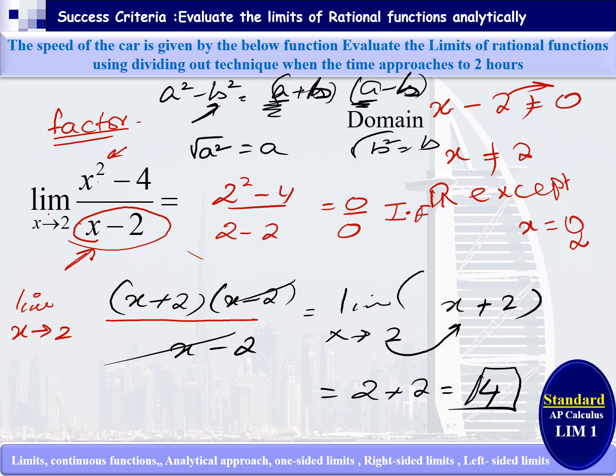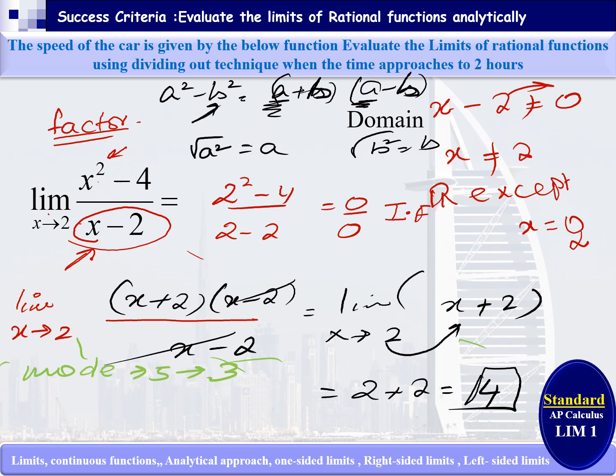Now for those who don't know how to factor it mentally, I have a suggestion to use a calculator. If you have a scientific calculator, go to mode 5-3. Mode 5 and 3.